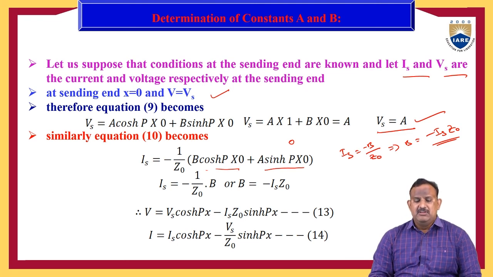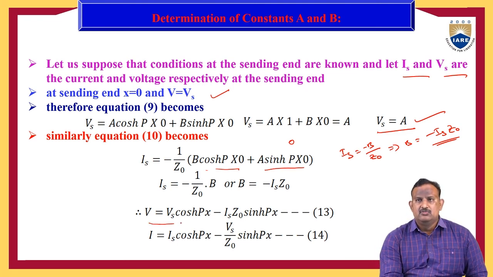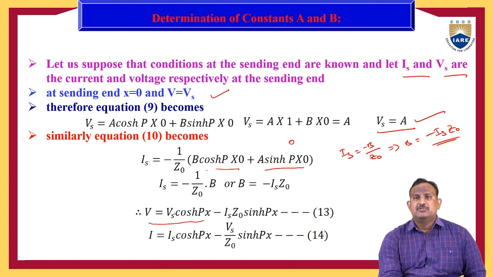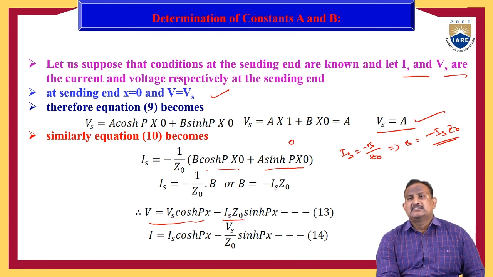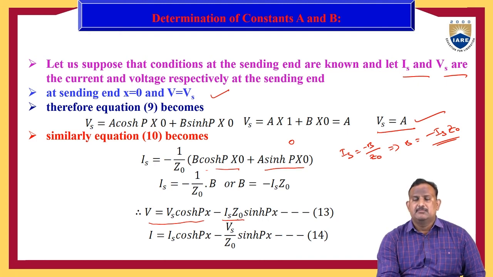Therefore, the equation can be modified as V is equal to Vs cosh px, and in place of B, substituting −Is Z0, minus Is Z0 into sinh px.